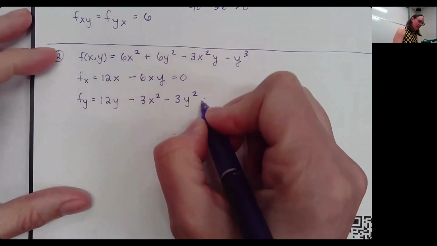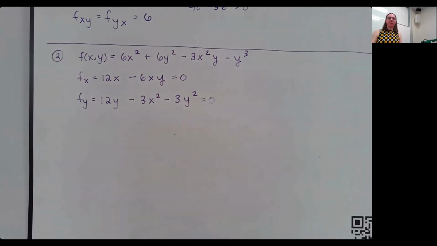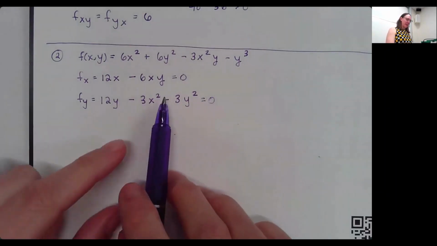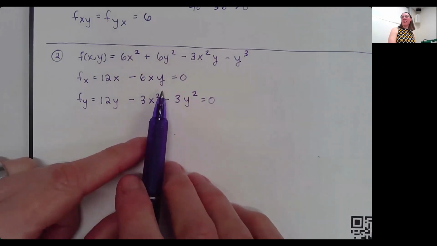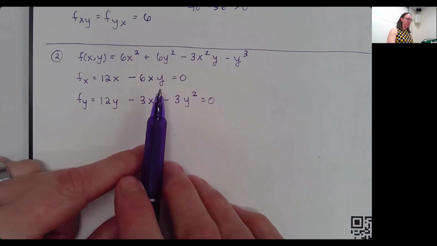So one of the things to note here, when we set these equal to 0, conveniently, that top one factors, and that's really our fastest path forward through the algebra part.